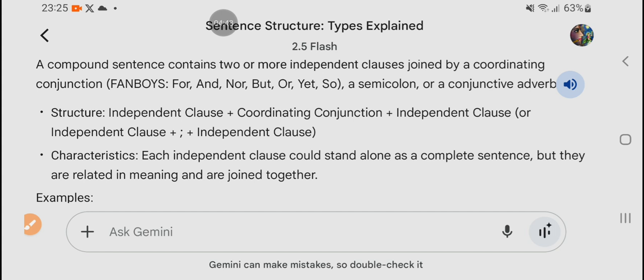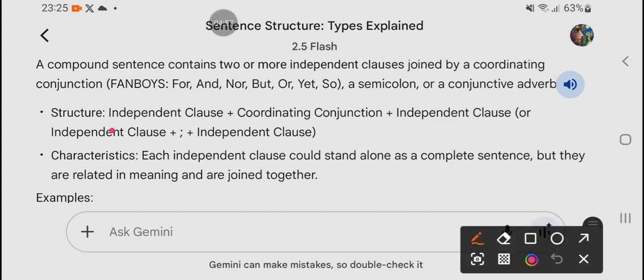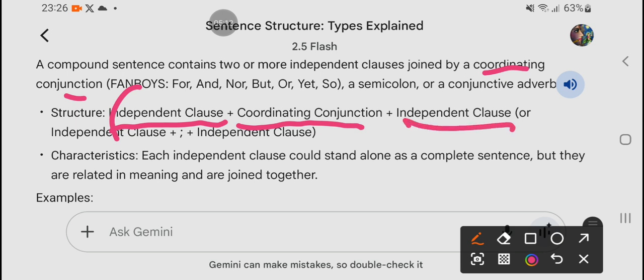So here a semicolon is used, or a conjunctive adverb. How? The structure is independent clause, then coordinating conjunction, one of them, then independent clause, right?